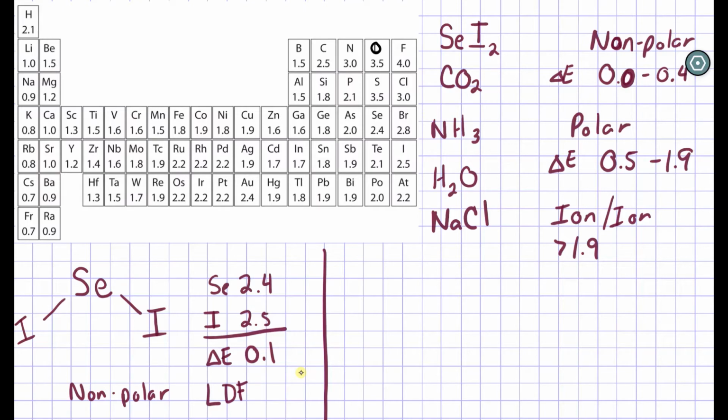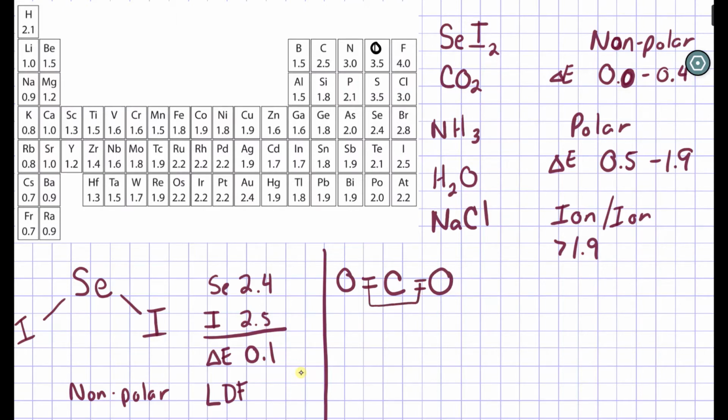Next I have CO2. When I have carbon dioxide, remember that carbon has 4, so it needs 4, and oxygen has 2, so it needs 2. So what's going to happen is my oxygen is going to form a double bond on each side.